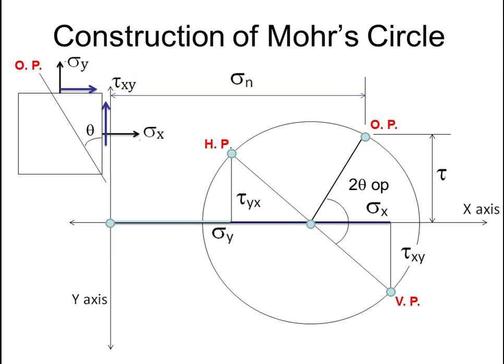By just measuring the value with the help of a scale and multiplying by the suitable scale factor, we directly get the normal stress and shear stress in the oblique plane.